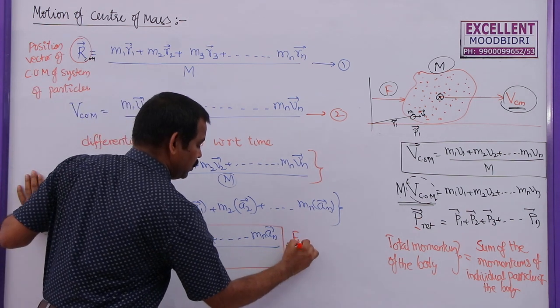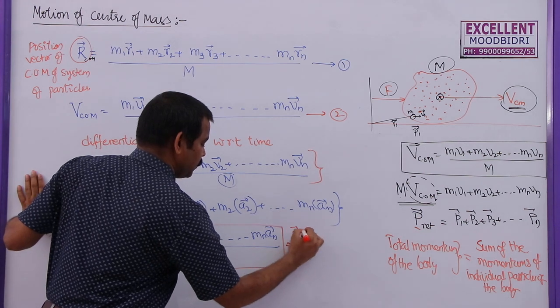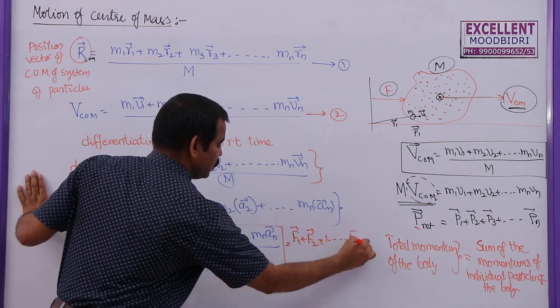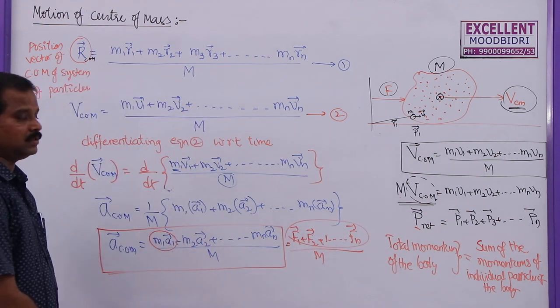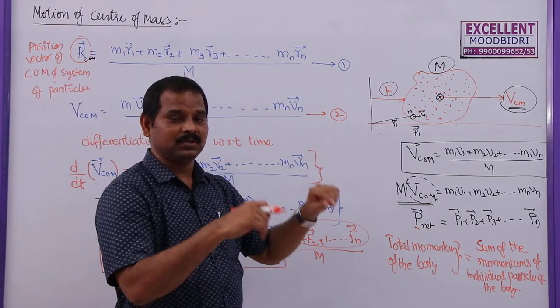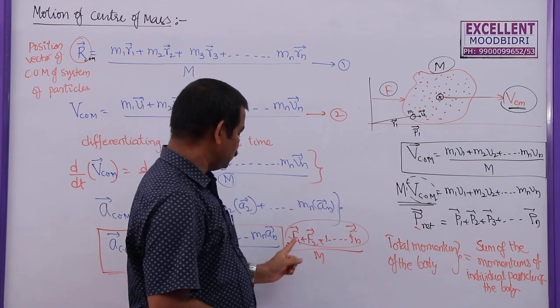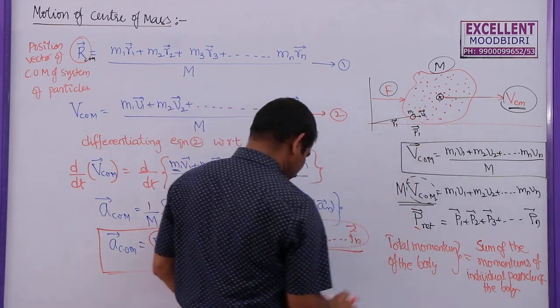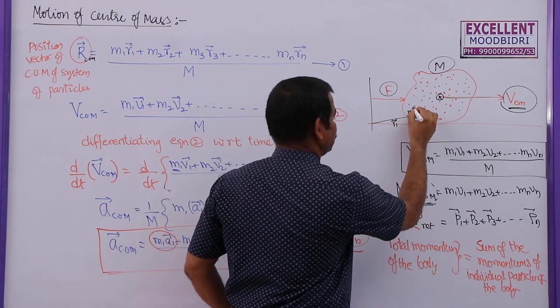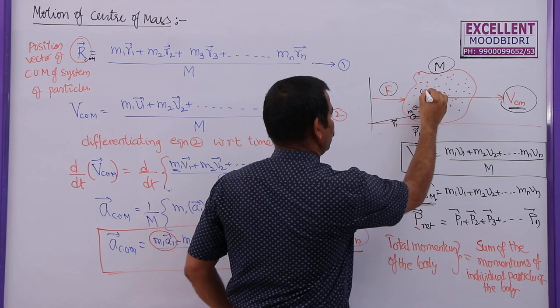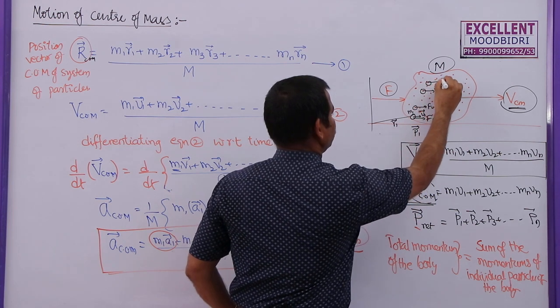So on we can write F1 plus F2, and so on, Fn by capital M. What are the sum of all these forces? Each and every particle experiences some force. This particle experiences a force F1. Similarly, second particle experiences a force F2, third particle F3, fourth particle F4.